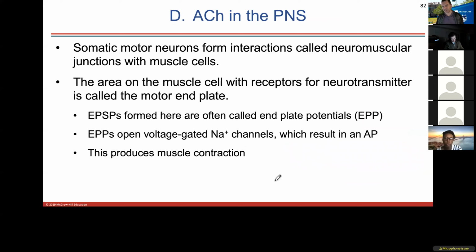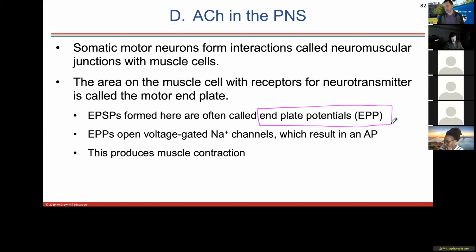EPSPs will have a slightly different name when we talk about acetylcholine with the somatic nervous system. Excitatory postsynaptic potentials in the somatic nervous system, we refer to these as EPPs, end plate potentials. Okay, it's the same thing.